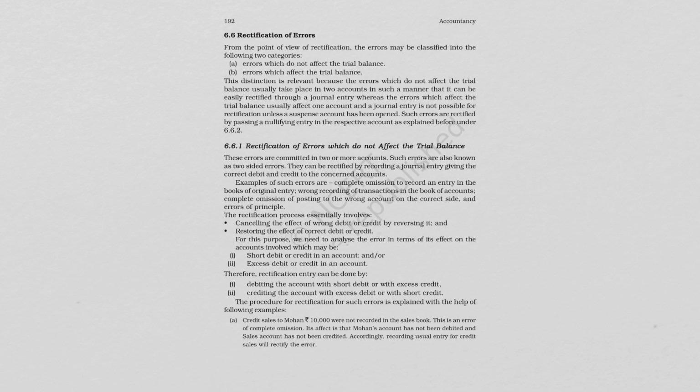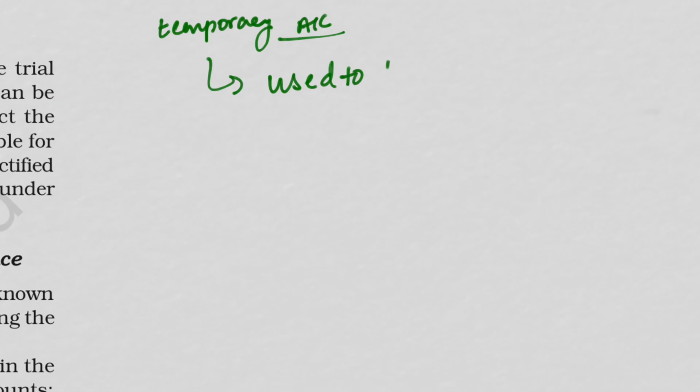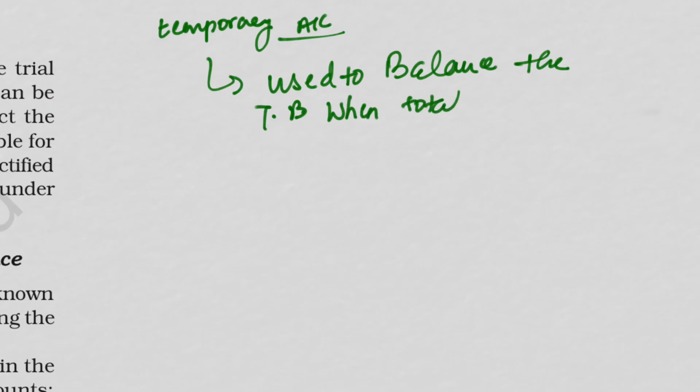A suspense account is a temporary account which is used to balance the trial balance when totals do not agree. The difference between the debit total and credit total is temporarily placed in this account.